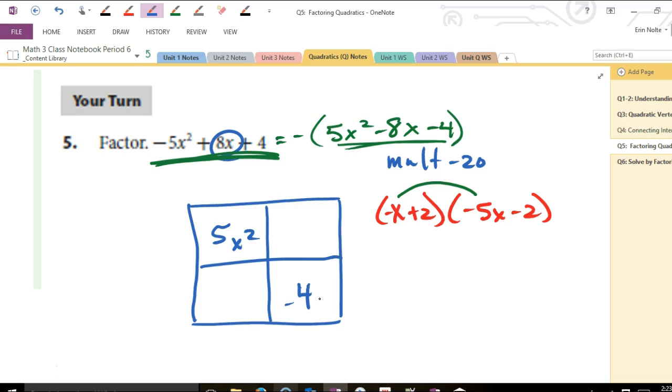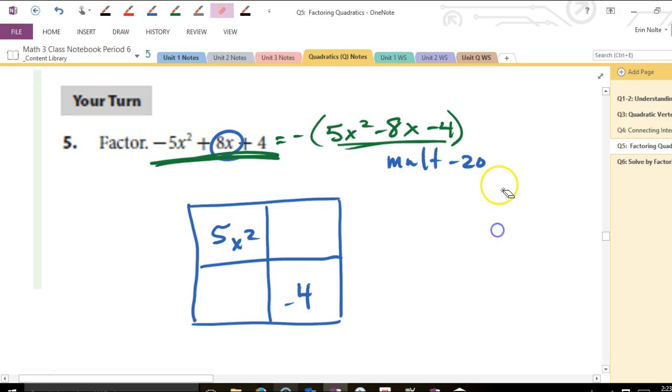Okay, so then what do I do at that point? Multiply. Okay, so you still get negative 20, so the numbers are still going to be the same for the linear pieces. Okay, the two numbers that multiply to negative 20 and add to negative 8 are what? Negative 10 and positive 2. Okay, so that switches. Okay, so now we'll pull greatest common factor.